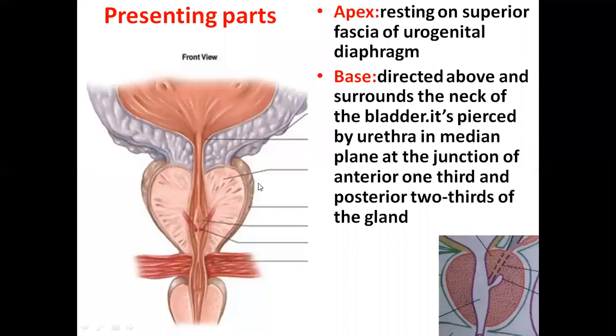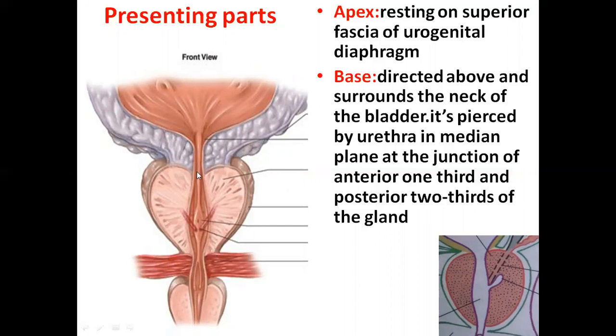Now, coming to the presenting parts. If you observe, this is the urinary bladder, the neck of the bladder, and this is the prostate. It looks like a triangle. This is the base of the triangle, and this is the apex of the triangle. The apex is resting on the urogenital diaphragm. In fact, it is blending with the superior fascia of the urogenital diaphragm.